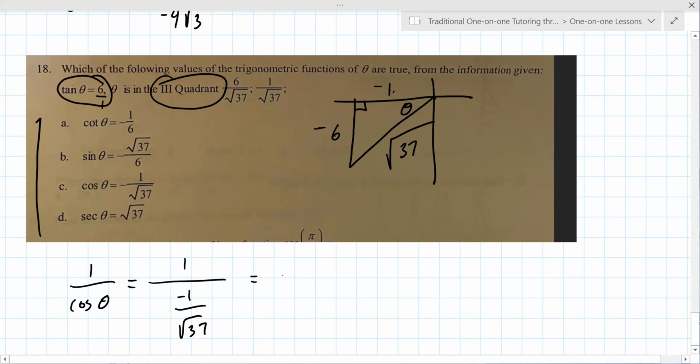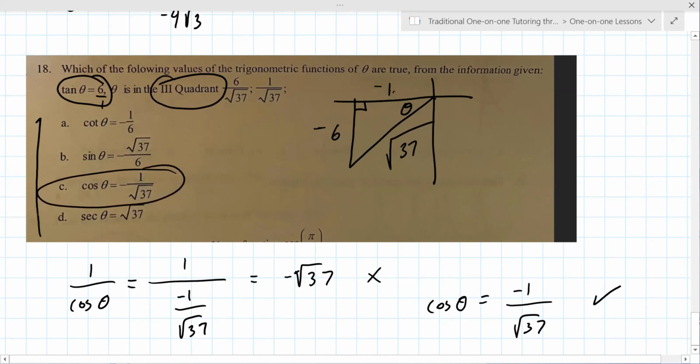It becomes minus square root of 37. You can see that one's positive, so it's not that. But the cosine of theta, we just actually did that one. The cosine of theta is adjacent over hypotenuse. It is minus 1 over the square root of 37. So we have found that one. Always better to go that direction.